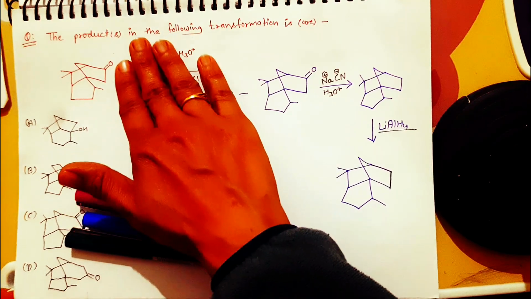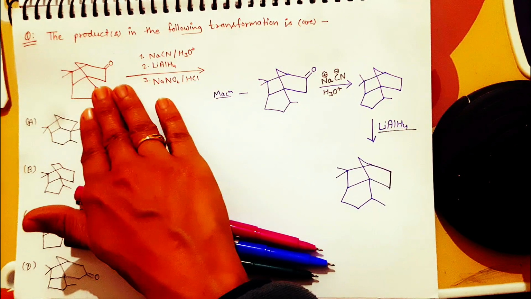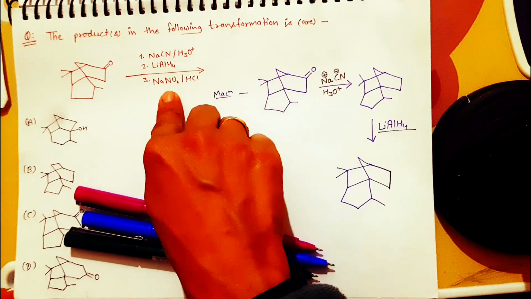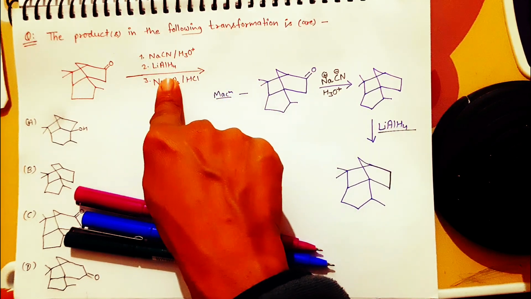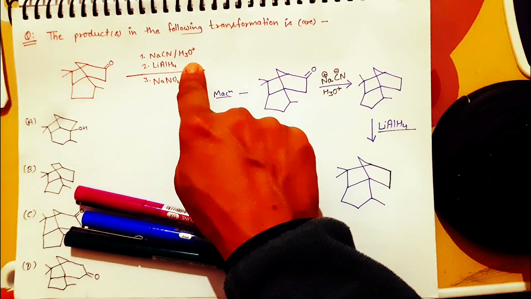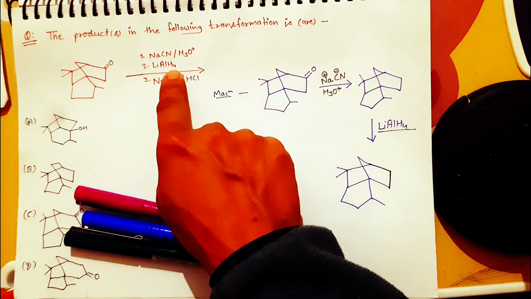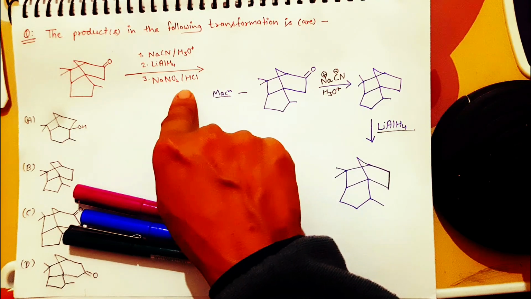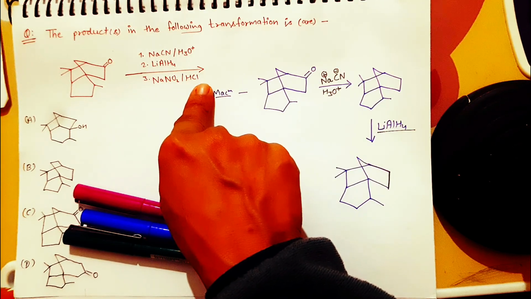First, when you start to solve this question, you see these reagents. Here they give three reagents. First they give sodium cyanide in acidic medium, second lithium aluminum hydride, and third NaNO2 in HCl.